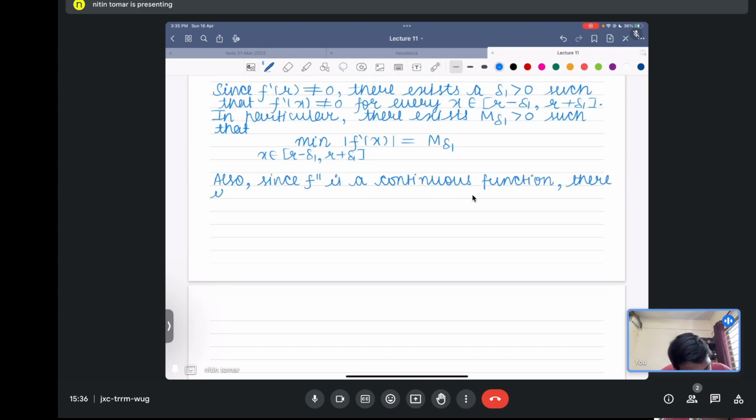So there is an L delta 1 greater than or equal to 0, such that maximum of this, now we are taking maximum of f double prime.